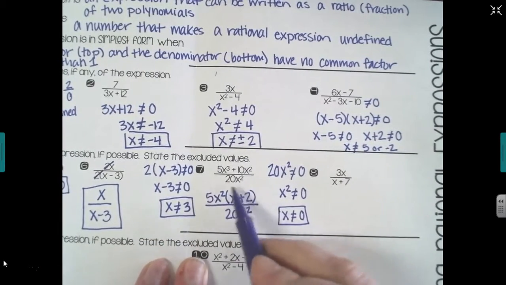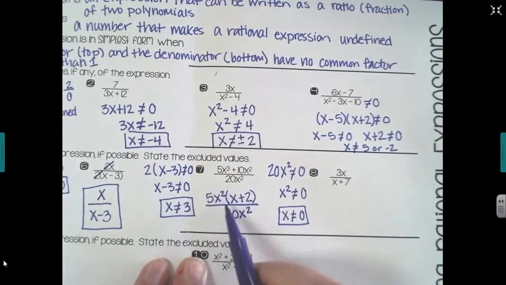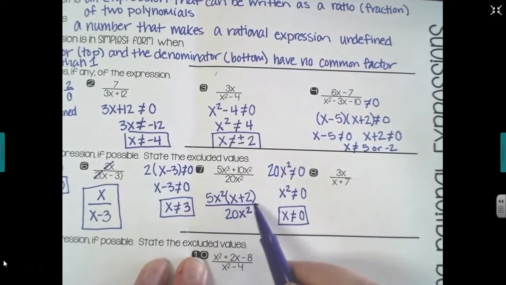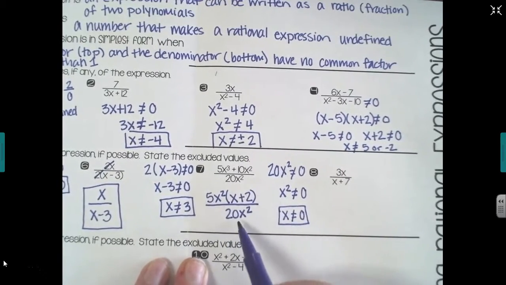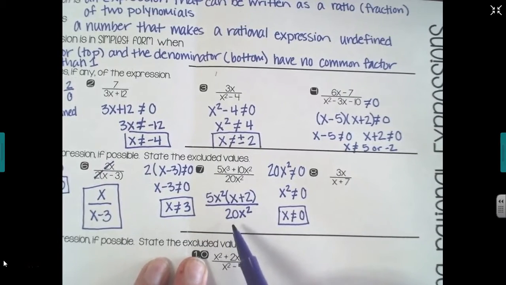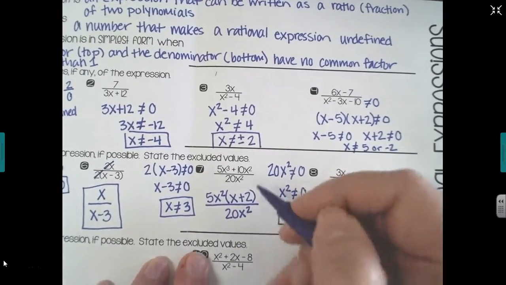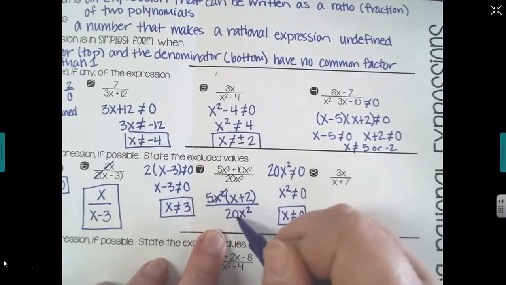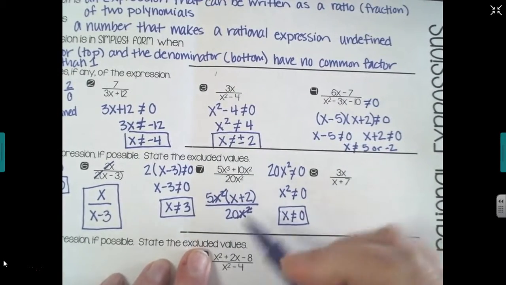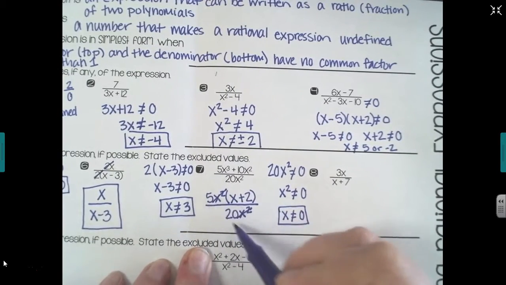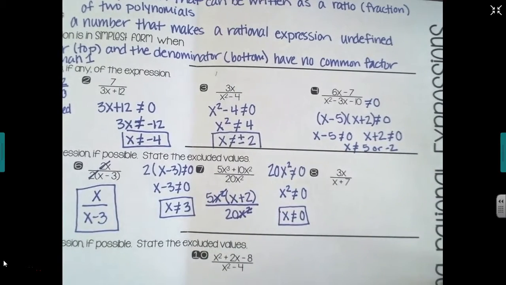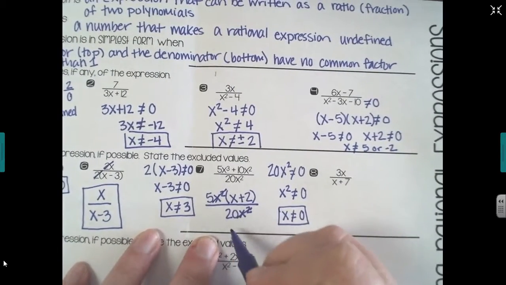So now in the numerator, 5x squared is a factor, x plus 2 is a factor. And the denominator, 20x squared, is a factor. So here, we can cross out the x squareds. Those are gone. And we can simplify 5 over 20. 5 over 20, when we simplify that, is 1/4.